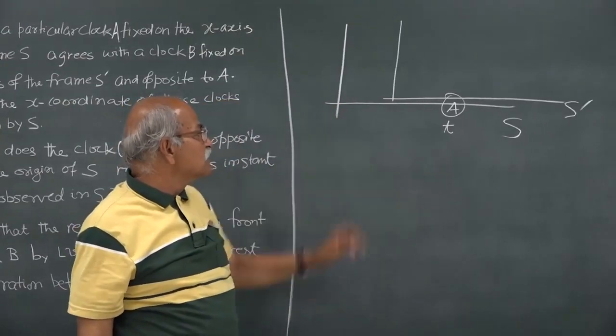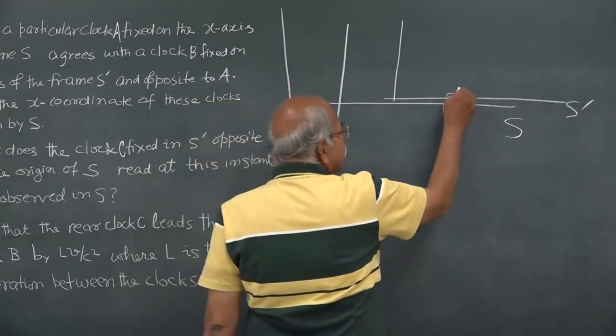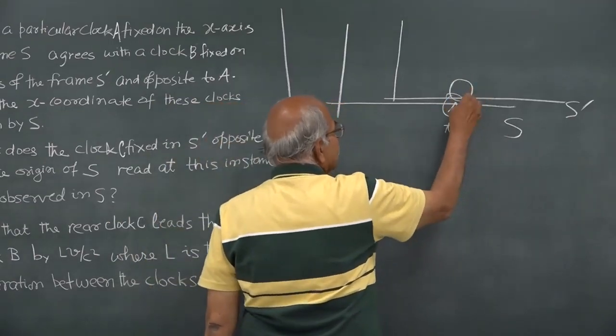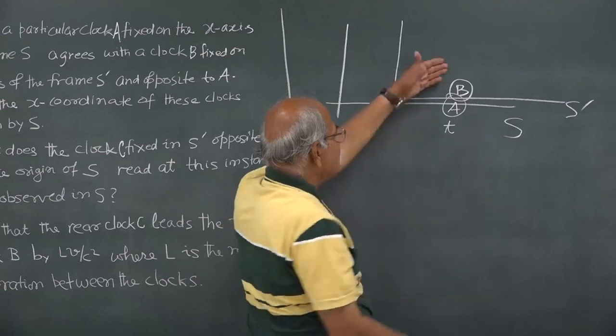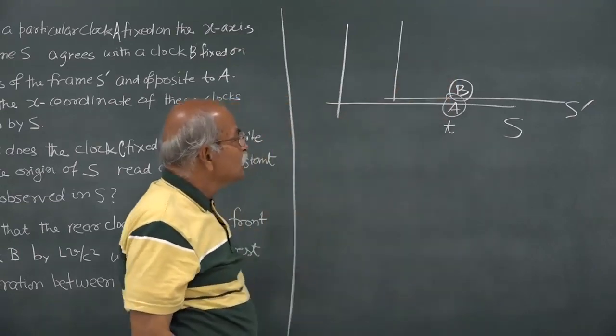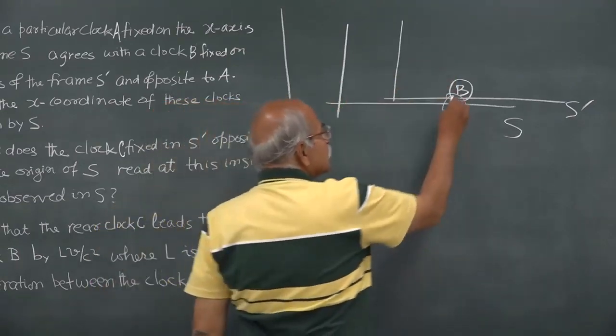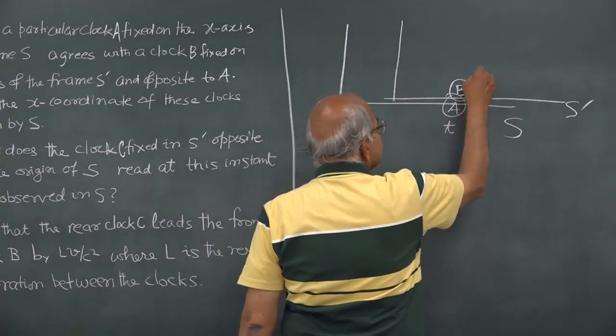and since we are talking of time t, I am not making the two origins coincide. So, there is a clock fixed in S prime and this clock is B, it's just opposite this A, and it agrees, that means this clock also shows time t.